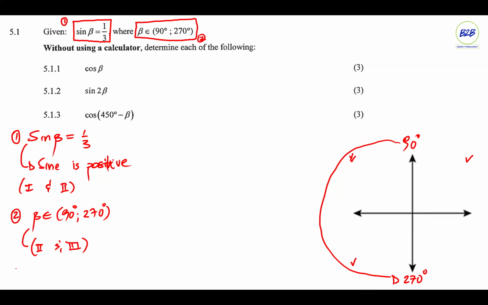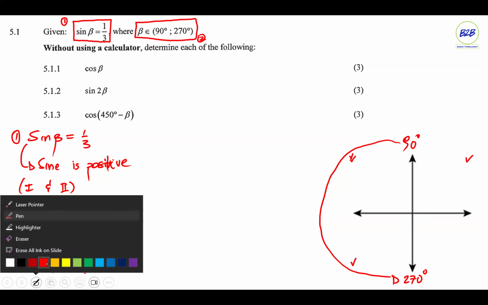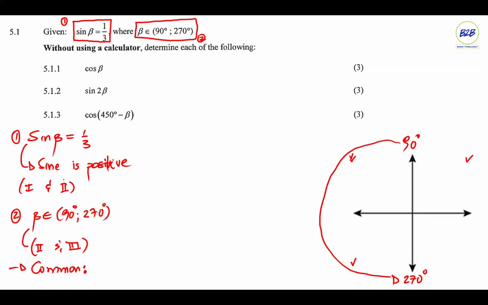And then our goal is to then, among all of the identified quadrants, identify a common quadrant. And we can see that there is the identified second quadrant in the first piece of information, and there is the identified second quadrant also in the second piece of information.